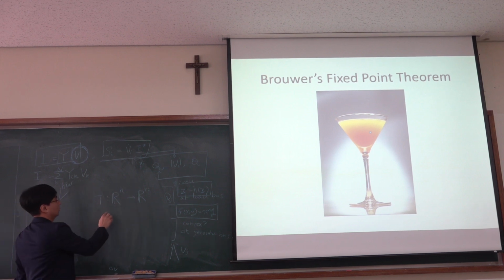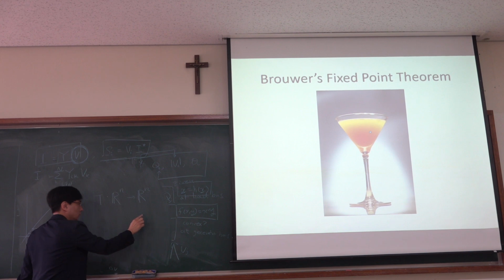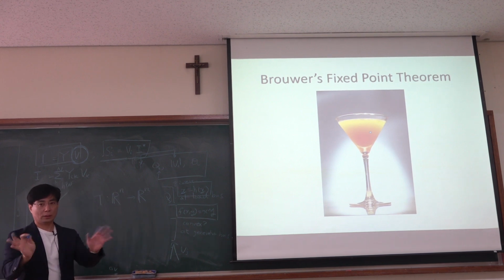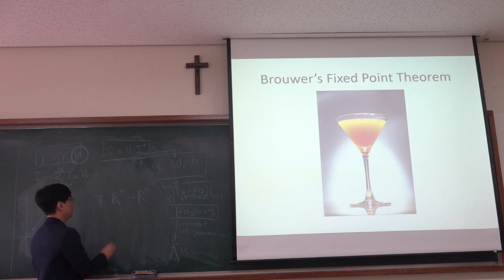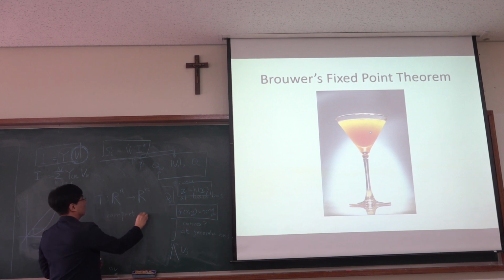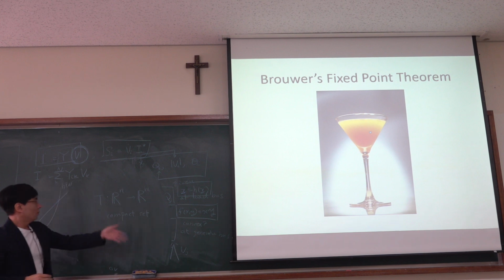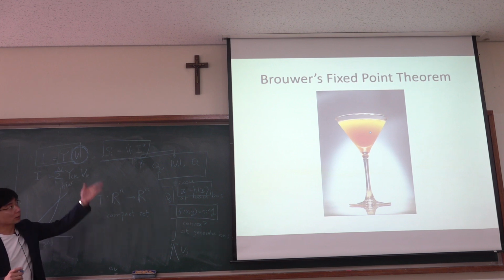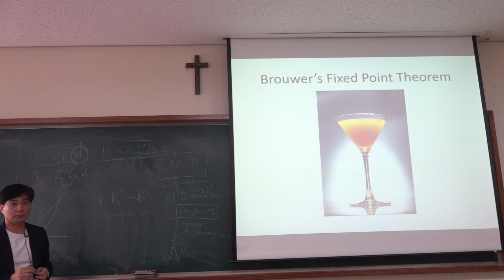And the domain and range are a compact set. You didn't learn compact sets, but there is a concept of compact set. If the domain and range are a compact set, and this function T is a continuous function, then there is at least one fixed point. That is called Brouwer's fixed point theorem.